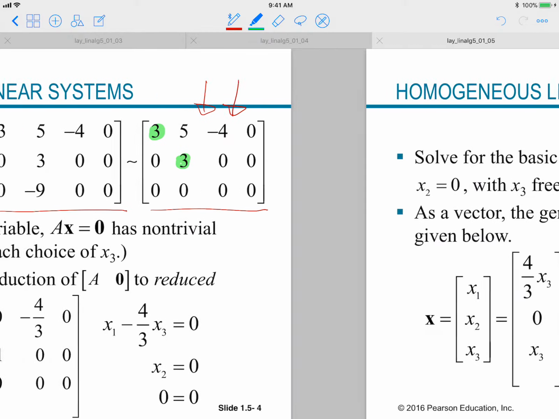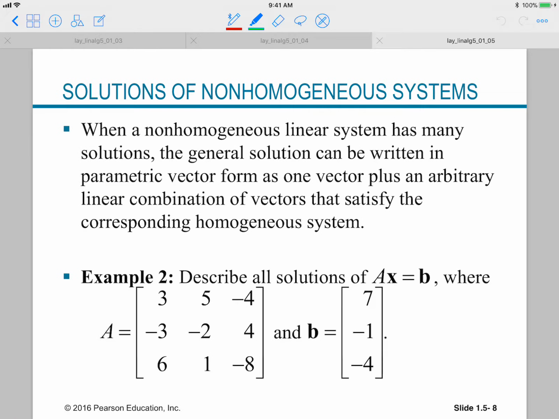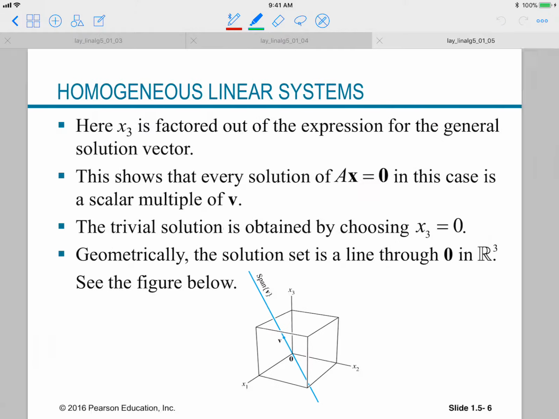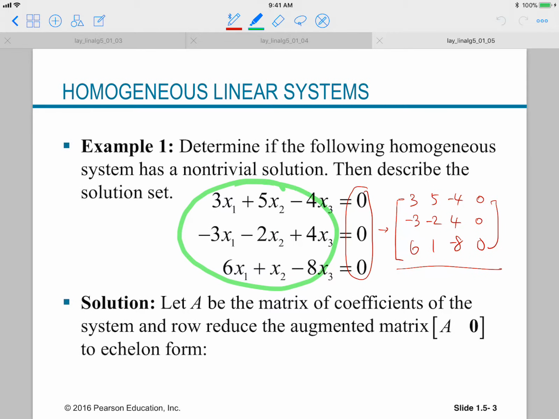And then let's consider another case where we have the exact same coefficients, okay, but different B values. So in this example, we see 3, 5, -4, and -3, -2, and 4, and so on. And this part is exactly the same as this part.